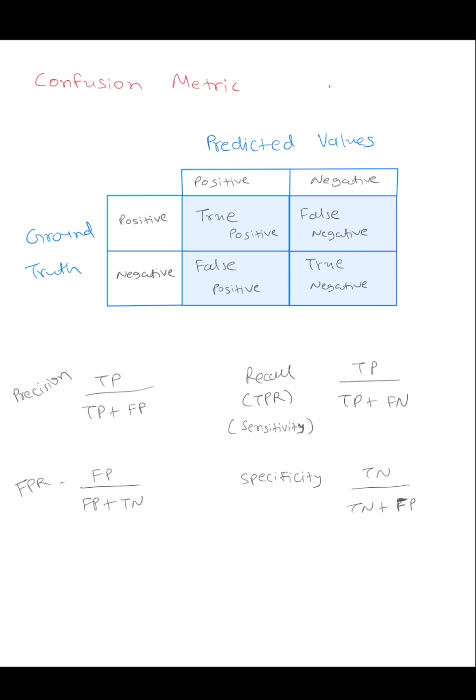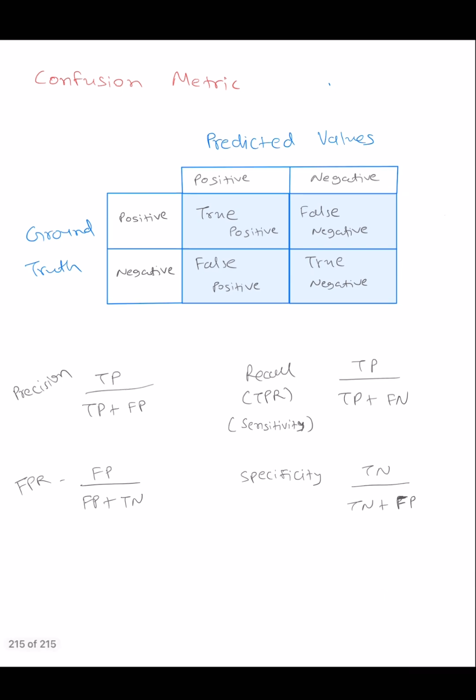Similarly, another metric for classification is recall. What recall in layman terms tells you is, out of all the actual class, how many are you able to retrieve.